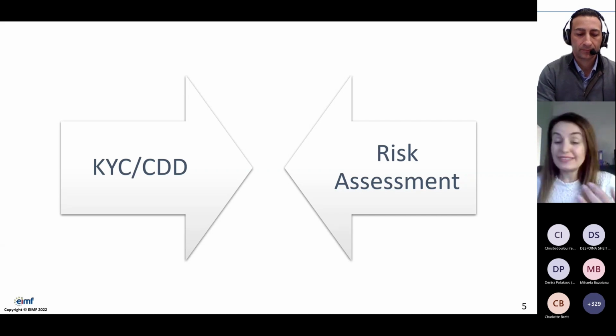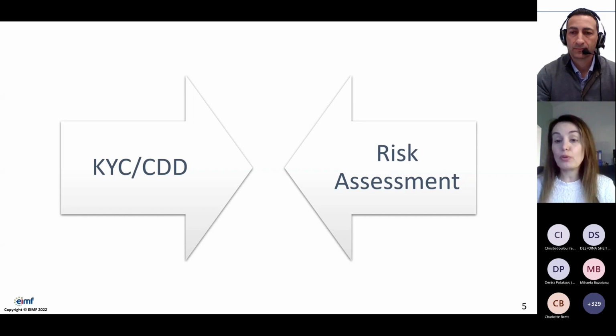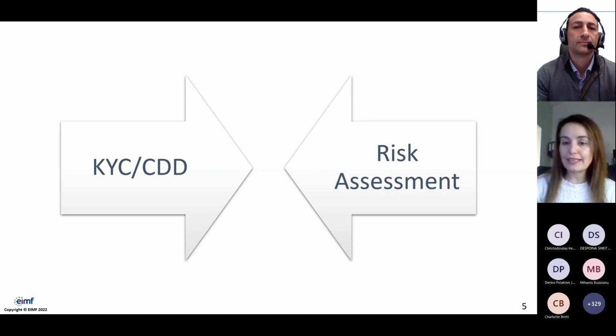I ask, for example, for his identity card, his utility bill. I collect his financial information. Why do I need that? To understand what to expect, but also to identify potential risks that this specific customer may pose to my business. So risk assessment and CDD are interconnected.